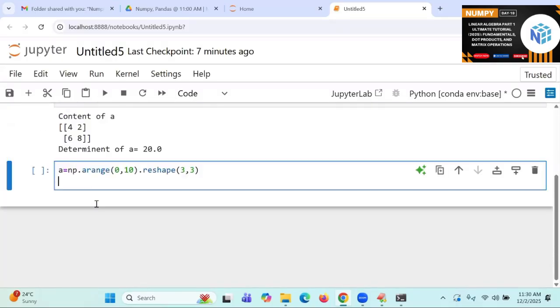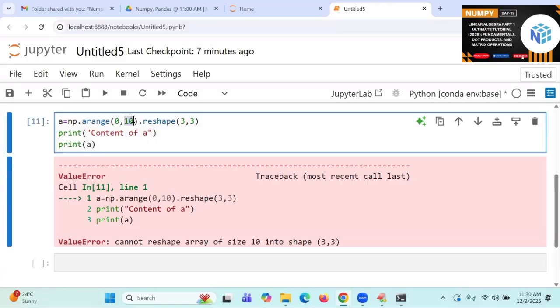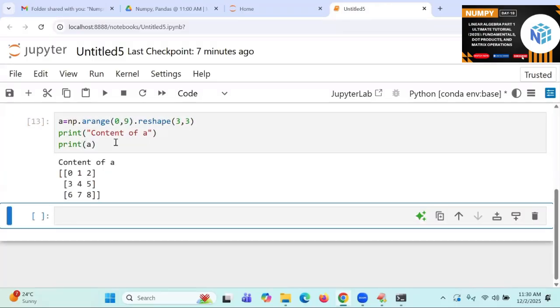Content of A I will print. So you are going to get it 0 comma 9. 0 comma 9 means 0 to 8, 0 to 8 means 9 values. Right? You got it. Now calculate quickly.